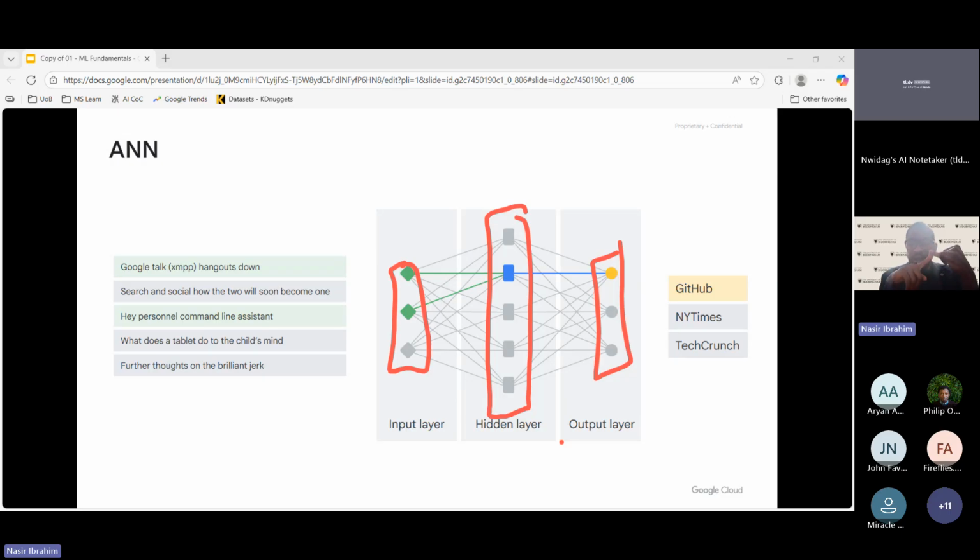So we have input layer, we have output layer, and then we have the hidden layers. Now, between each of the neurons, there is an interaction, or there is information that is transmitted between them. And you can see that with the lines, there is a connection between each neuron to every other neuron.